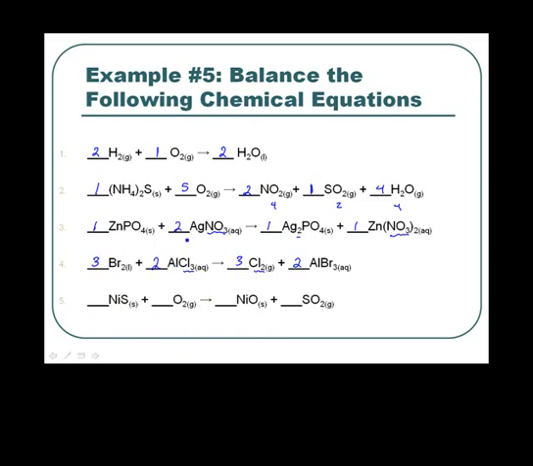And so we end up with a 2, a 3, a 2, and a 2. And for now, we have to make this a whole number. So at the moment, no fractional coefficients.